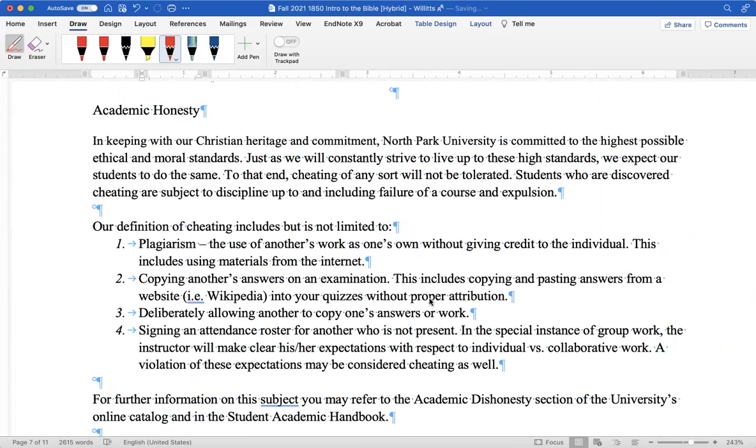I have students, most semesters, I have at least one student who accidentally plagiarizes because they don't understand what plagiarism is. I give you 4 aspects of plagiarism that you should know well.